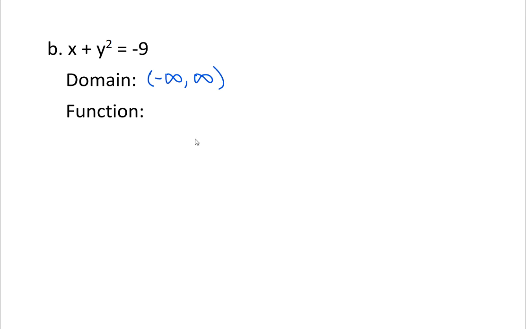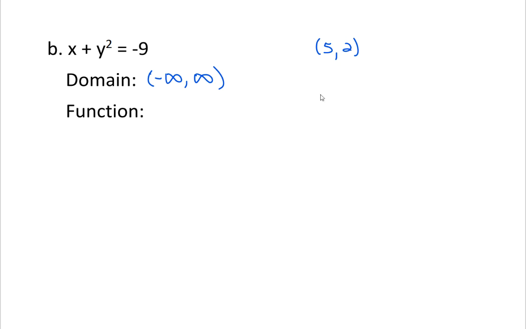Now, is it a function? Are there any values of x that could give me two different values for y? Yes, there are. For example, 5, 2 could be a possible solution to this equation. Let me show you.